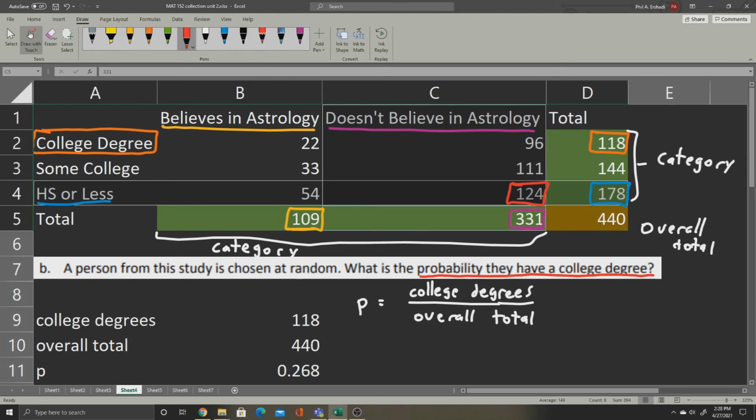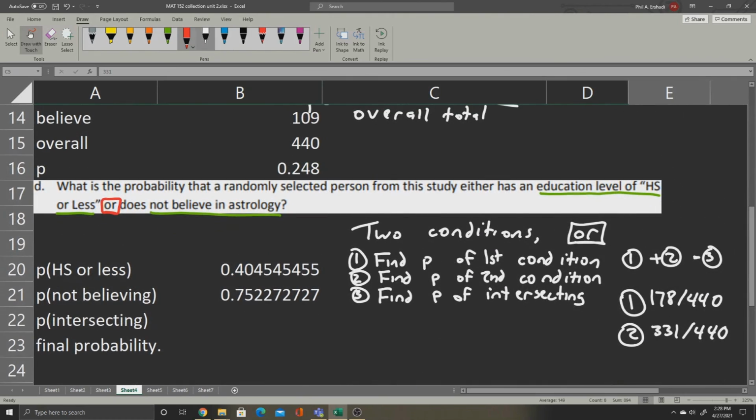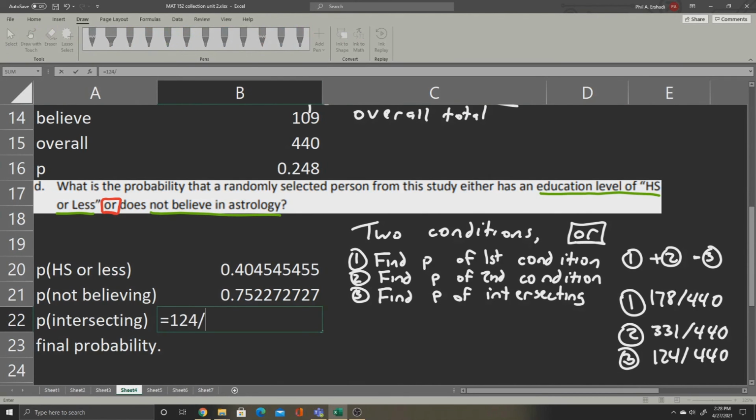This is where we have both not believing in astrology and having high school or less. So we can say the intersection is 124, again out of 440. Let's type this into Excel now. And now we have all of our decimals.